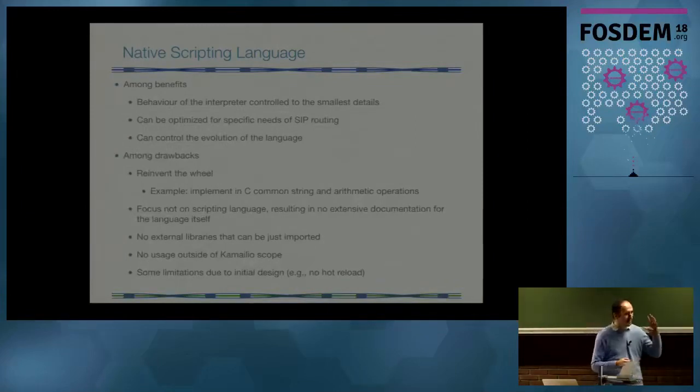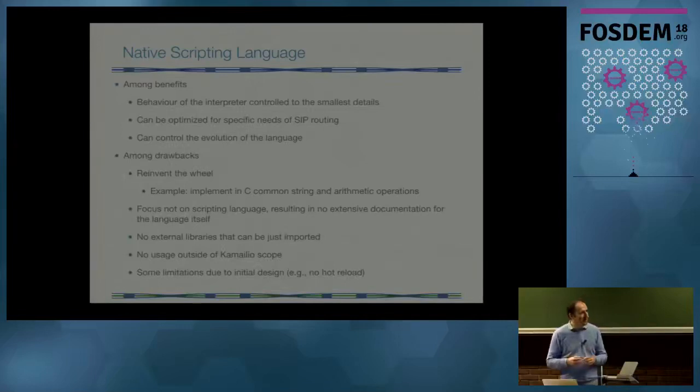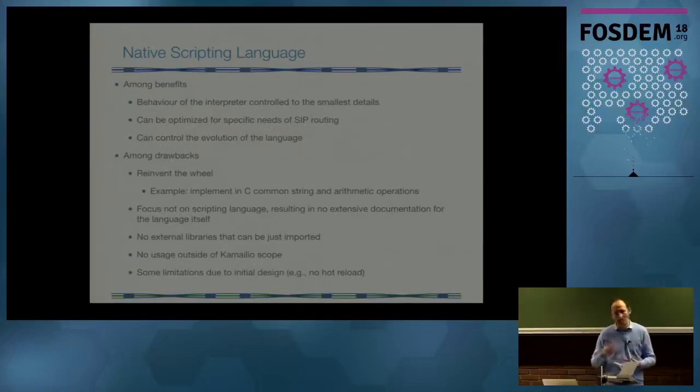As we targeted large deployments from the beginning, it was not a choice. Lua probably was there, but somehow we never found it at that time and probably it was not that developed. So at the end, the decision was writing from scratch, and of course you have some benefits. You can control everything about that interpreter because you write it, you know. If that action is triggered, it's up to you to do it.